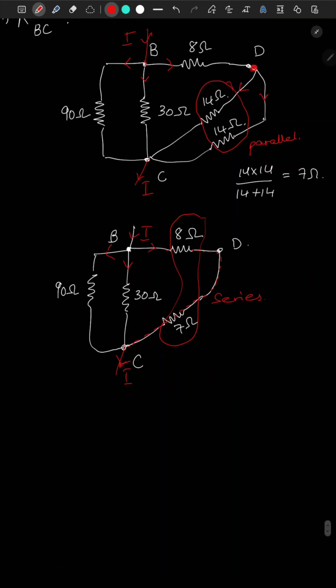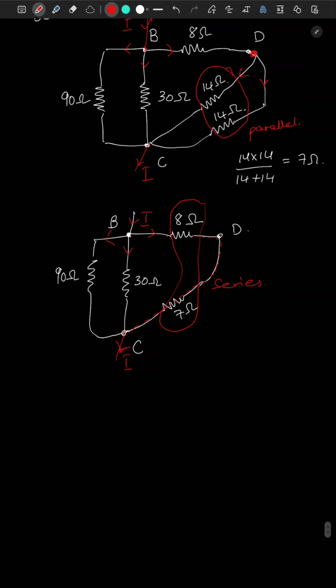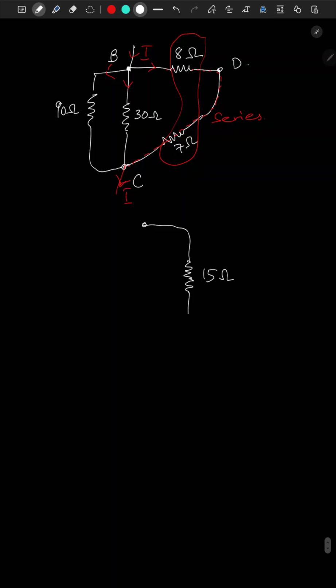So 8 plus 7 is 15. So we can redraw this circuit and replace it by 15. So we have 30 over here. This is node B and this is node C. And this is 90.